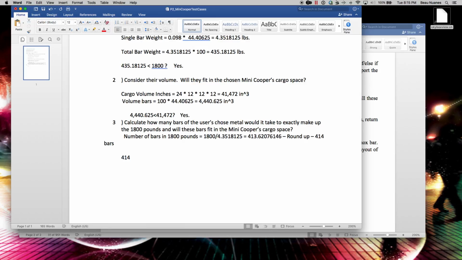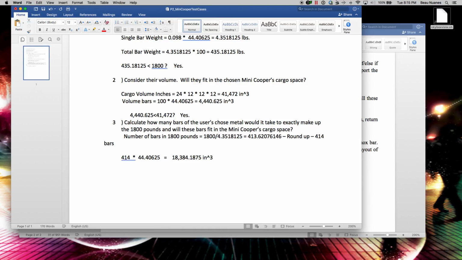Now, we want to take those 414 bars and multiply them by 44.40625, which is the volume, right? And that's going to give us 18,384.1875 inches cubed.